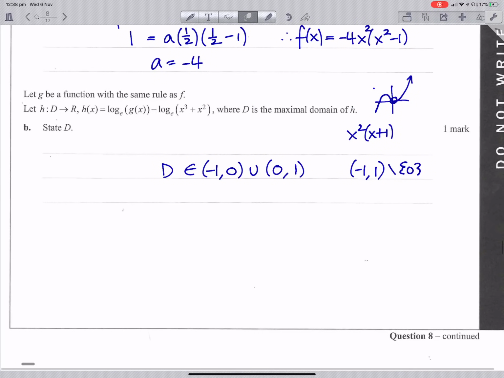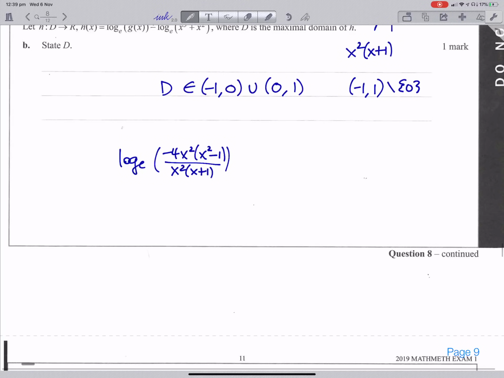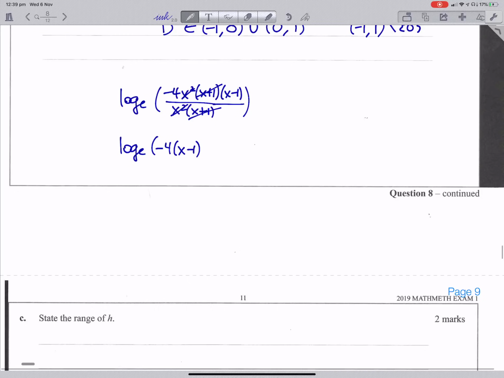If I've got log e of -4 x squared minus 1, because it's minus, we can change this to be x squared, x plus 1, which we know can be written as x plus 1, x minus 1, which means that cancels, so we get -4 x minus 1.